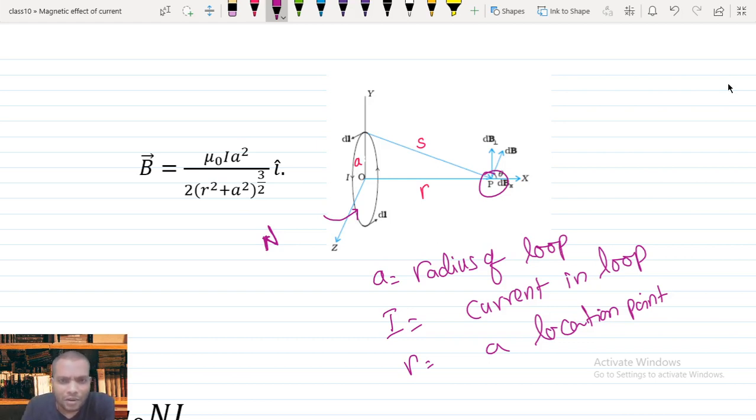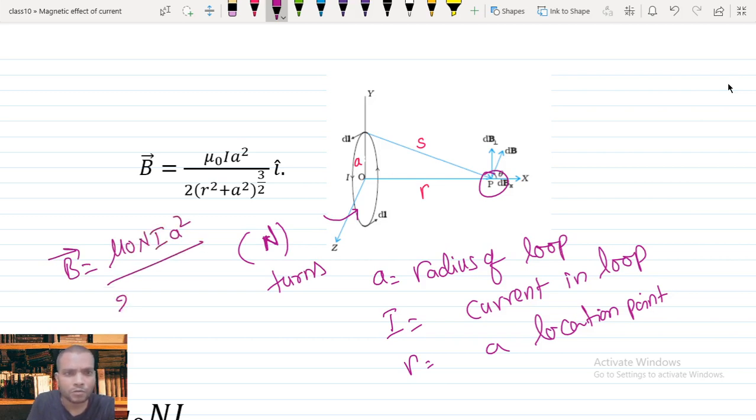Instead of taking one loop, if you take a current carrying coil which contains capital N number of turns, the formula changes: B bar equal to mu naught capital N I a square upon 2 times (r square plus a square) whole power 3 by 2.